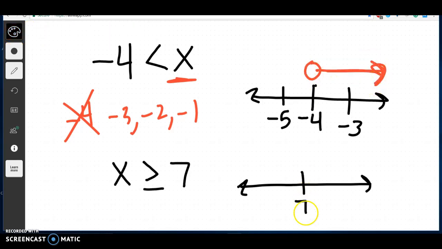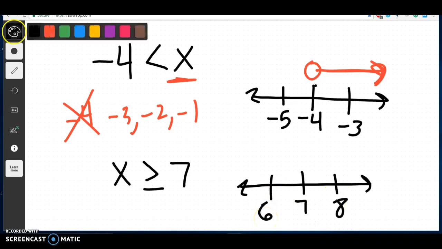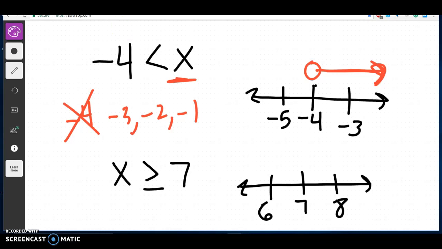For the other one, x is bigger than or equal to 7, so we'd get 7, 8, 9, numbers like that, going this way. We do get 7 because it's equal to, so we make a closed dot, then go off in that direction.